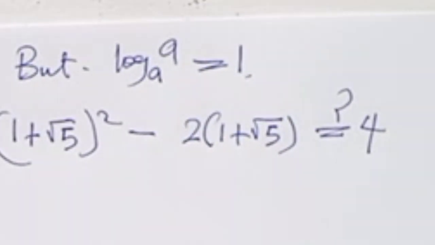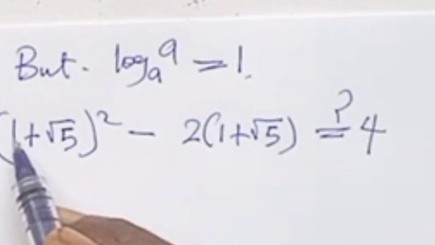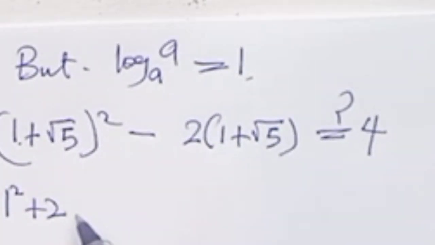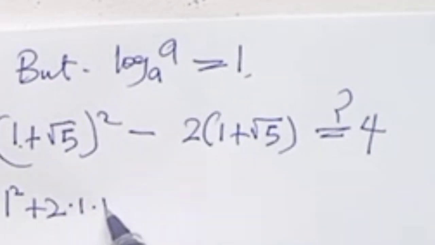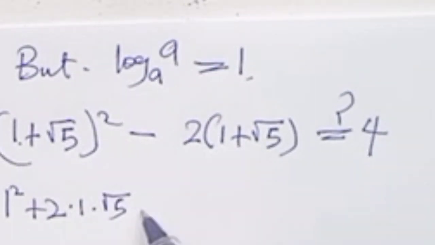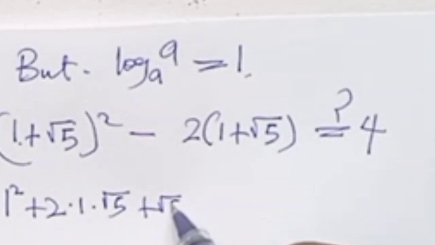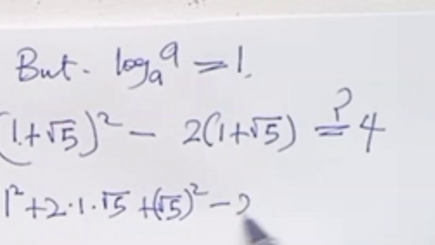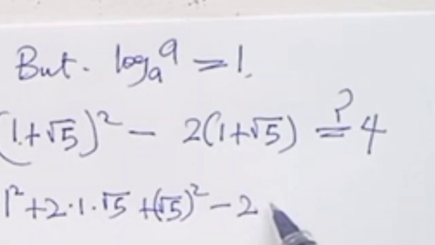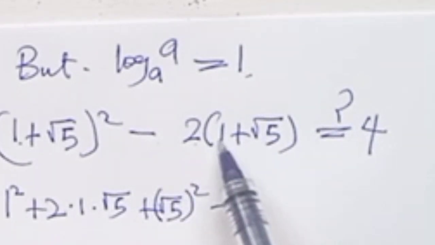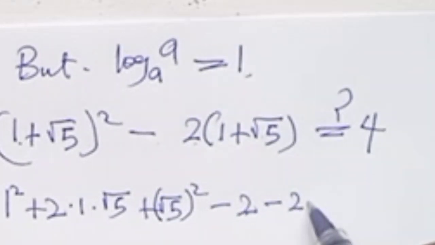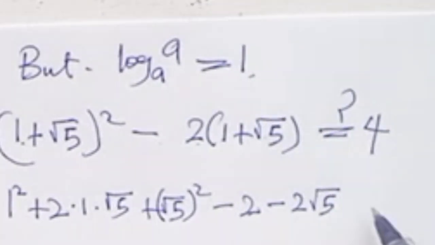Here, if we open up the bracket, we have 1 times 1 be 1 squared plus 2 times 1 times square root of 5 plus square root of 5 squared, minus 2 times 1, 2, minus 2 times square root of 5 be minus 2 root 5.